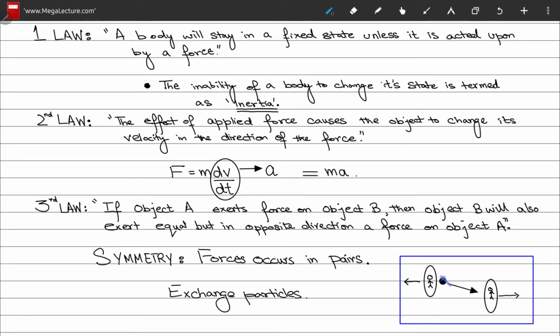This is how we talk in particle physics: we term this ball the exchange particle. A very popular force in nature is electromagnetism, and the exchange particle for the electromagnetic force is the photon, which is the particle of light.